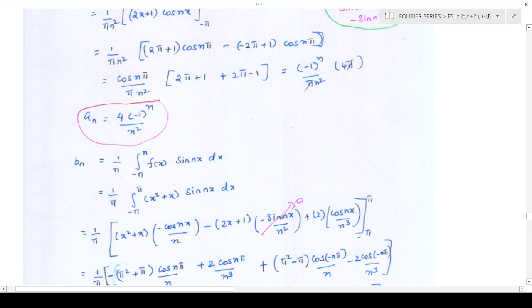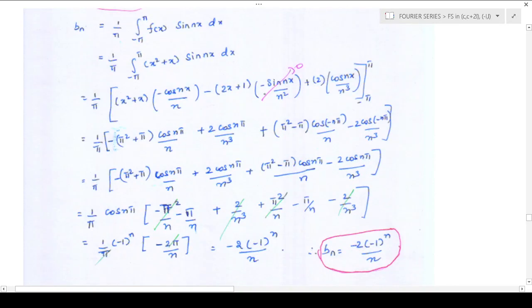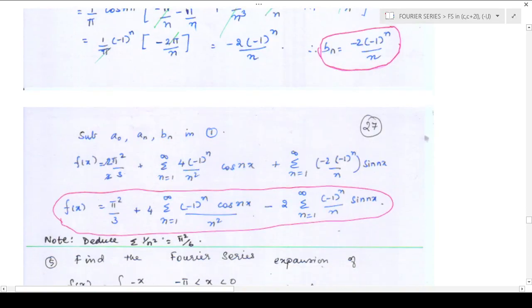Now integrate this, integration of sin is minus cos nx by n, so by n cube. Apply upper limit minus lower limit, sin nx will be 0 for upper limit as well as lower limit. You are applying the upper limit pi wherever it is x, then lower limit minus pi wherever it is x, then you are getting your bn value to be like this.